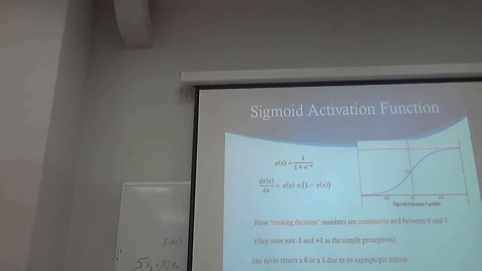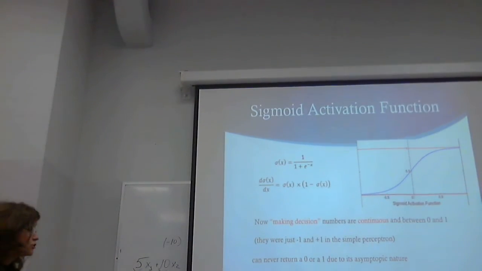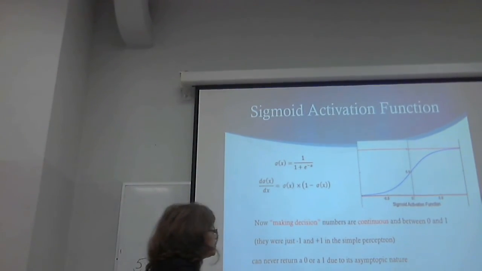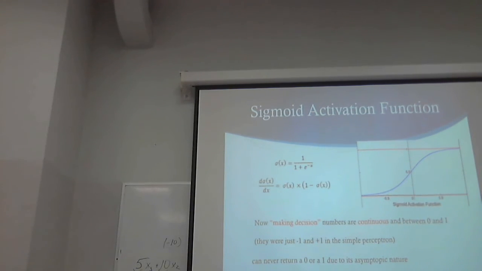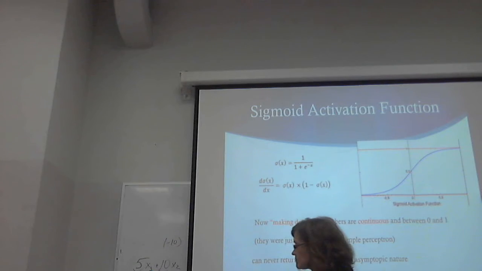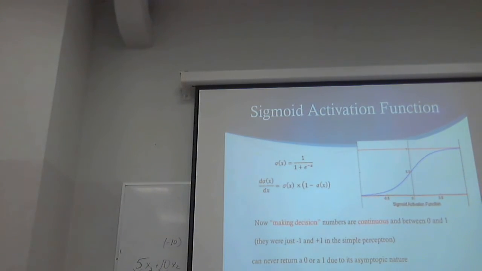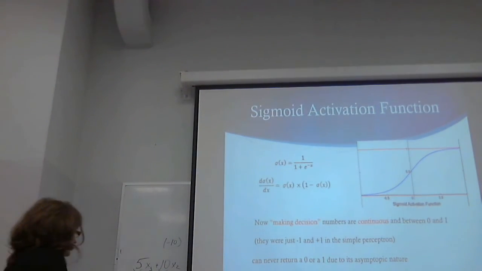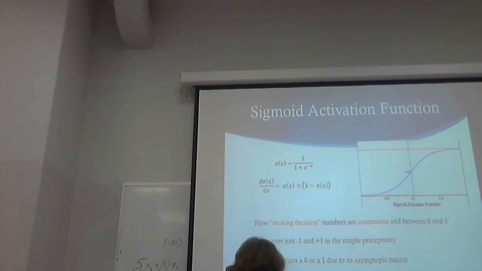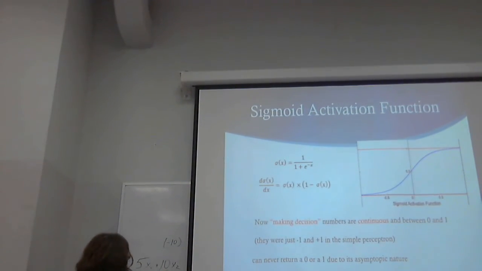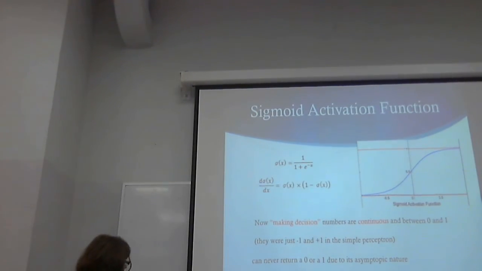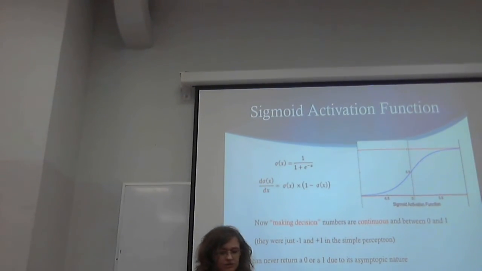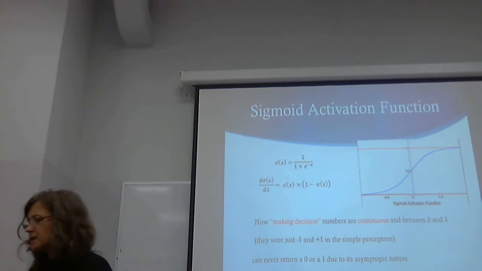And here is a different solution. We can do it stepwise. Stepwise meaning it's either 0 or 1. This is the stepwise function. For example, I can make any threshold.